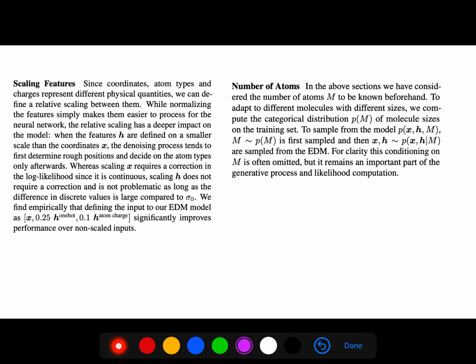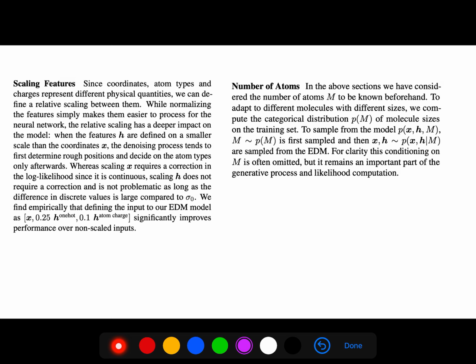So since coordinate atom types and charges represent different physical quantities, we can define a relative scaling between them. While normalizing the features simply makes them easier to process for a neural network, the relative scaling has a deeper impact on the model.